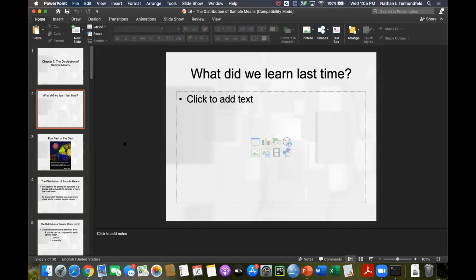I had a question about when we're doing binomial distributions and we use the lower limit as our x value instead of the actual number that we're trying to find.